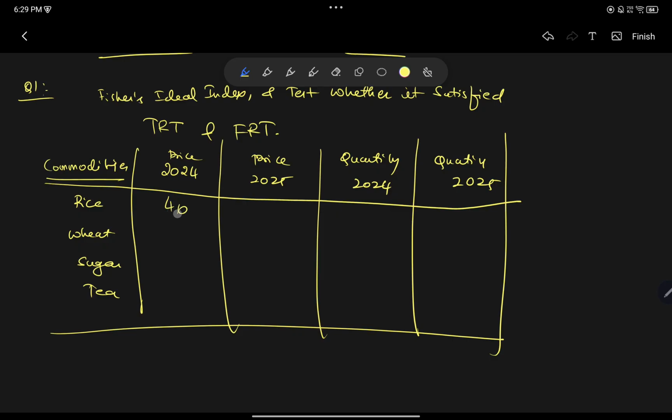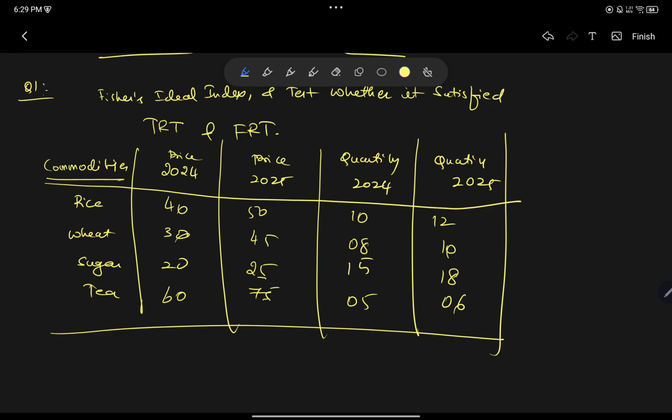They have given 40, 30, 20, 60, 50, 45, 25, 75, 10, 8, 15, 5, 12, 10, 18, 6. This is the question they have given.